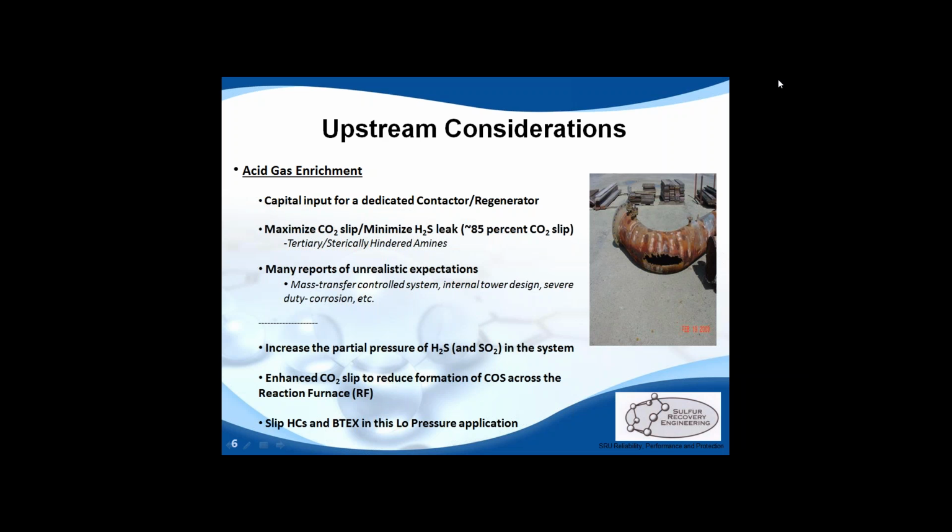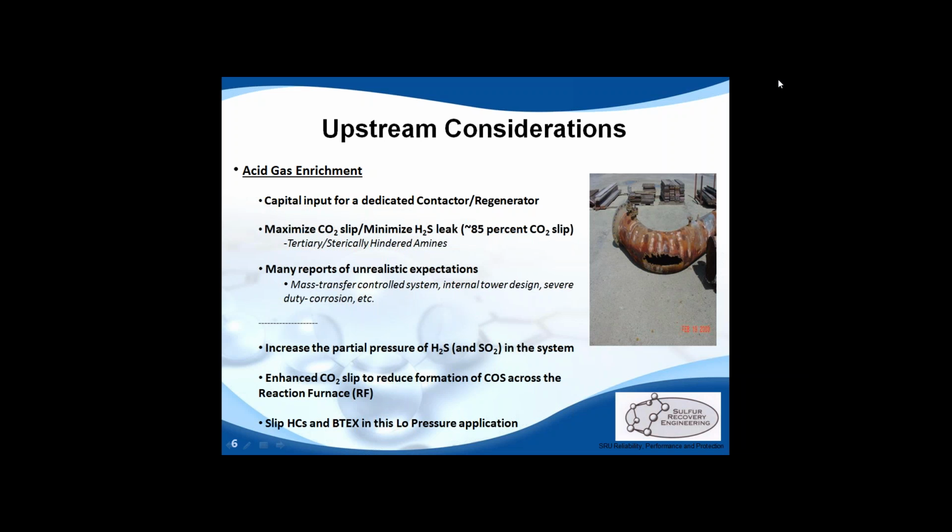We're trying to maximize CO2 slip and minimize H2S leak. We want to absorb the H2S and we don't want to absorb the CO2 into our amine solution. As a result, for this enhanced performance, if you would, things like tertiary amines or sterically hindered amines are required for this application.